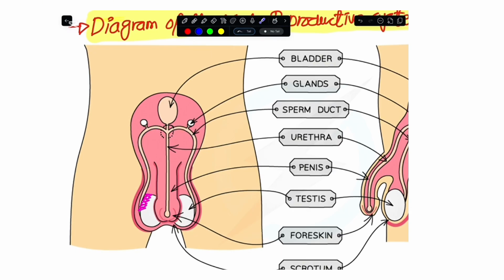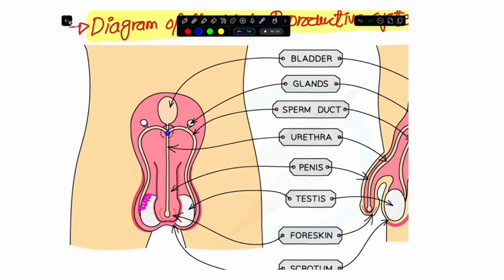Now, the testes have just released the sperm, and when the sperm passes through these glands, like at this level, we have the seminal vesicle gland coming, and at this point, there is the presence of another gland, the prostate gland, and they produce some secretions, the mucus and the nutrients. When they mix with the sperm that is available here, we make a mixture out of it. The name of the mixture is semen.